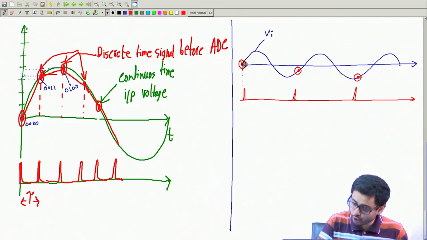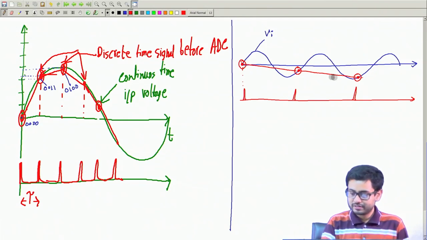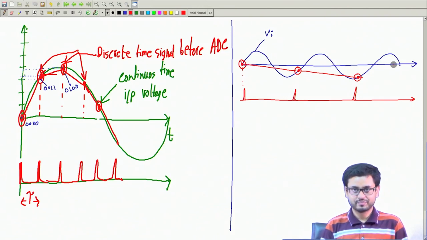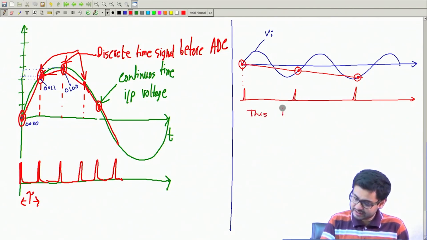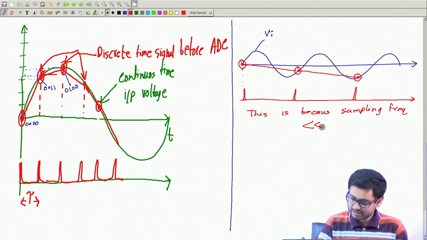So the oscilloscope will display only these points. It cannot display this intermediate pattern. And if the oscilloscope joins these dots with maybe straight lines, this doesn't look at all like the original signal. This has happened because the sampling frequency is quite less compared to the input frequency.